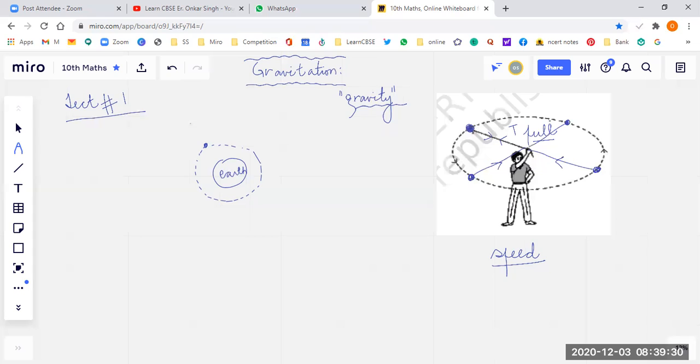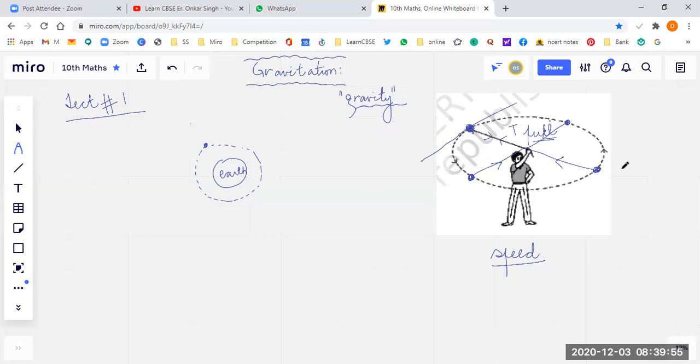So if there is no pull, suppose this boy leaves the string, what will happen? If this boy leaves the string, this is tangent to the circle. Though it's looking like an ellipse, actually it's a circle because it is drawn on a 2D plane.